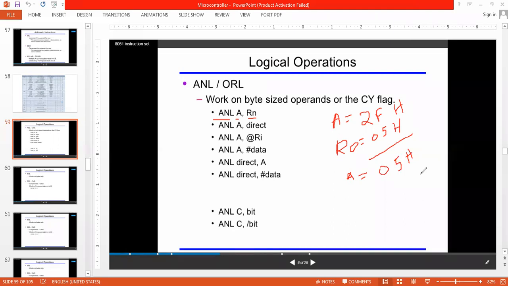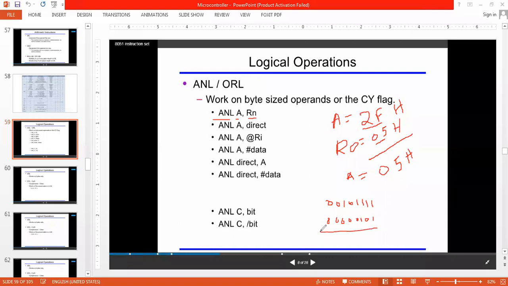How is it going to be? See, what is 2F? 2F is 0010 1111, and 05H is 0000 0101.